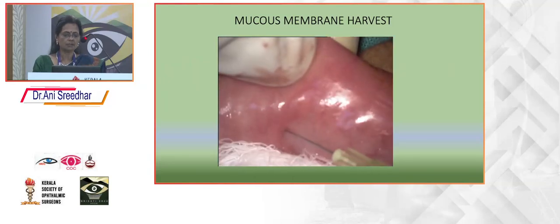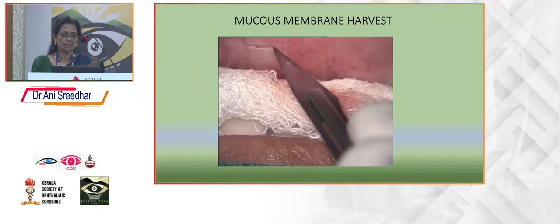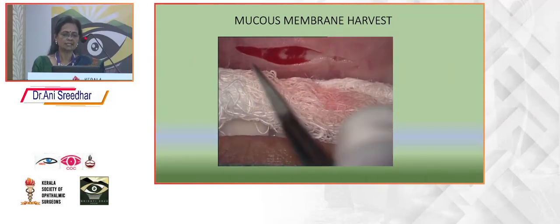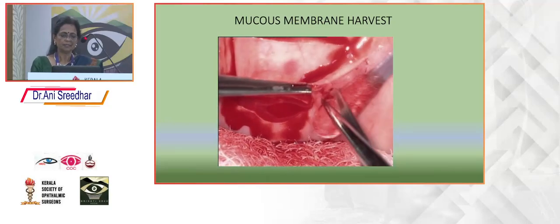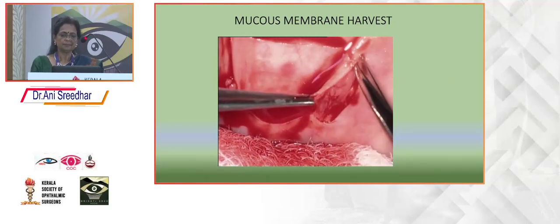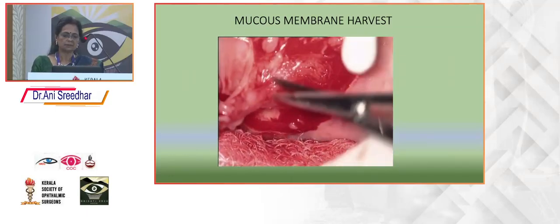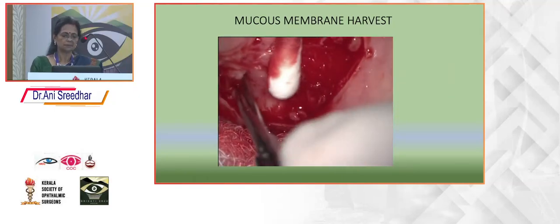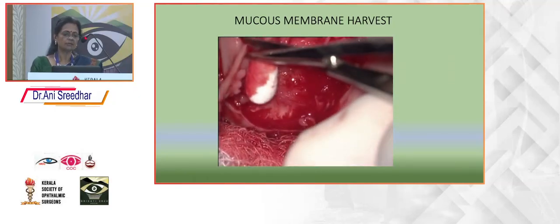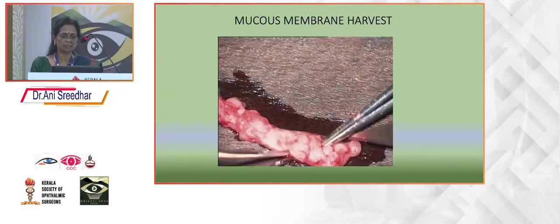Give a block under the mucosa slowly, and put the lower incision first so that the blood will not impede your view of the upper incision. In the socket you need not take a thin graft, you can take a little bit of fat, it's okay.